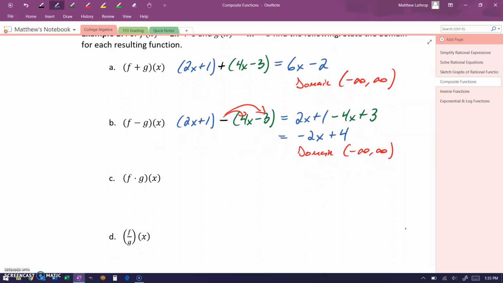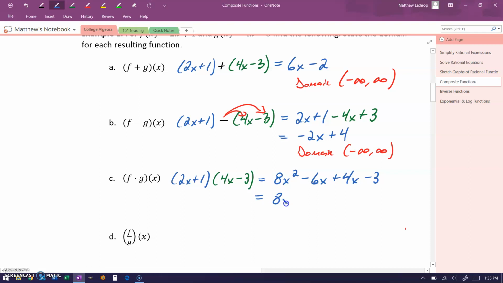In part C, we're taking the product of f and g. So this means we would want to take that quantity 2x plus 1 and multiply by 4x minus 3. Expanding this out would give us 8x squared minus 6x plus 4x minus 3.